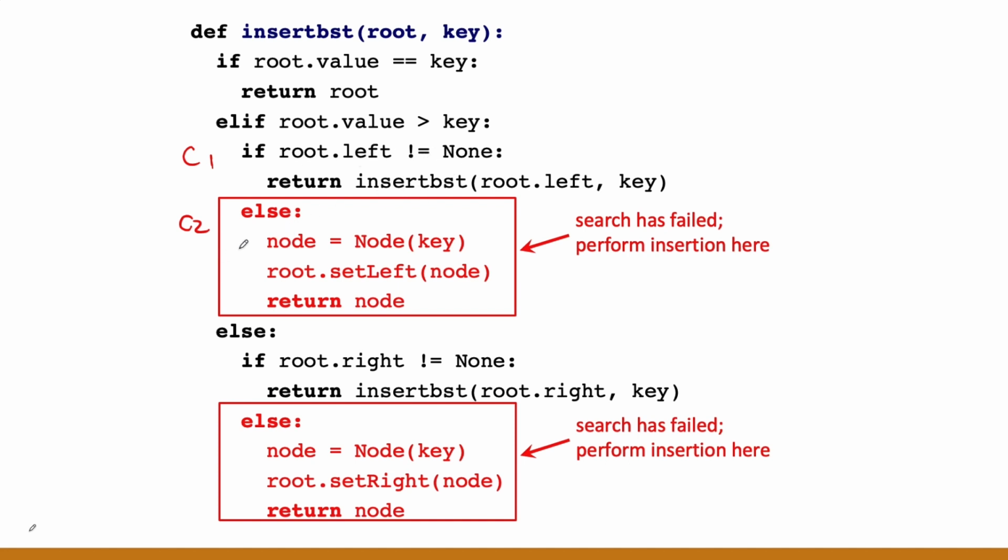But on the other hand, if I should go left, but the left currently is empty, then this is the position where I should insert my node. So I create a node with the key value. Then for the root value I'm currently comparing to, I set the left-hand side, which is currently empty, as the new node, and I return this newly created node as the return value.